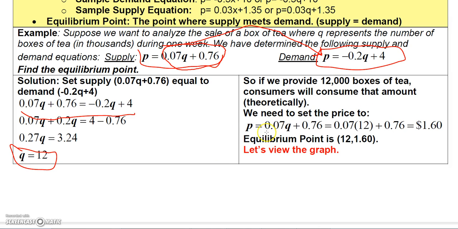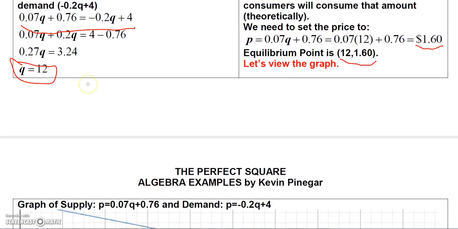But if you plug the 12 back into either one of these equations, it'll give you a price of $1.60. So your equilibrium point is to set the price at $1.60, and then the supplier is willing to supply 12,000 boxes of tea, and the consumers are willing to consume 12,000 boxes of tea.